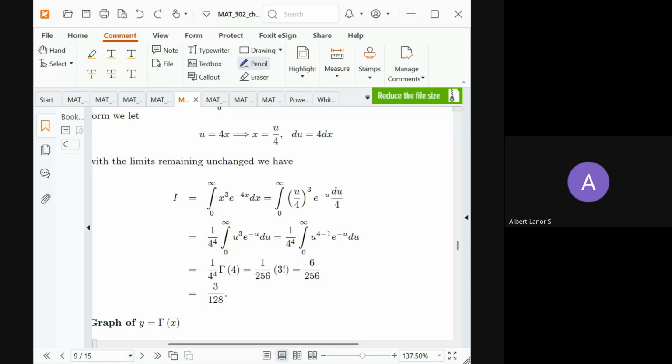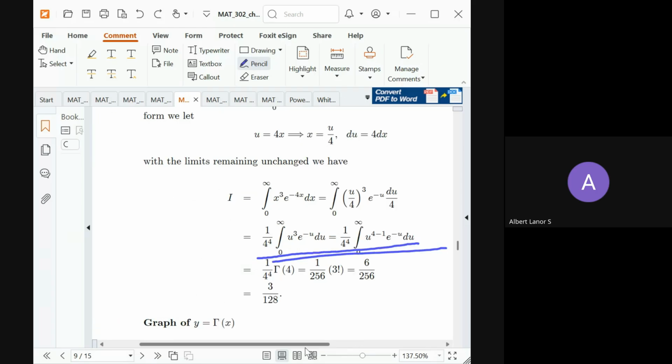If you do the change of variable, you obtain this from 0 to infinity. Now, the 1 over 4 to the 4th constant, then you're going to have gamma of 4. Gamma of 4 is 3 factorial, giving you 6 over 256. 6 over 256 is 1 over 128.